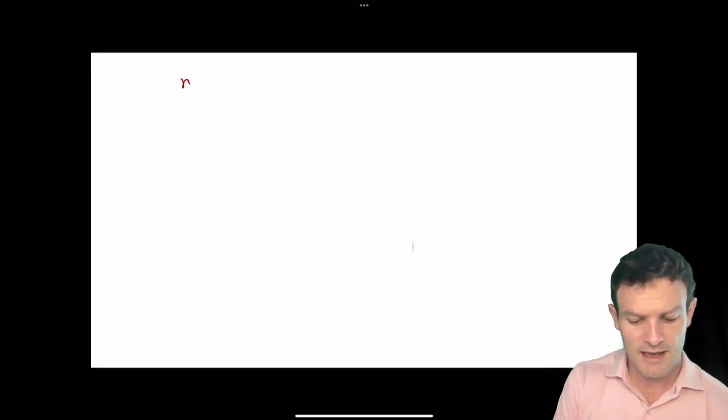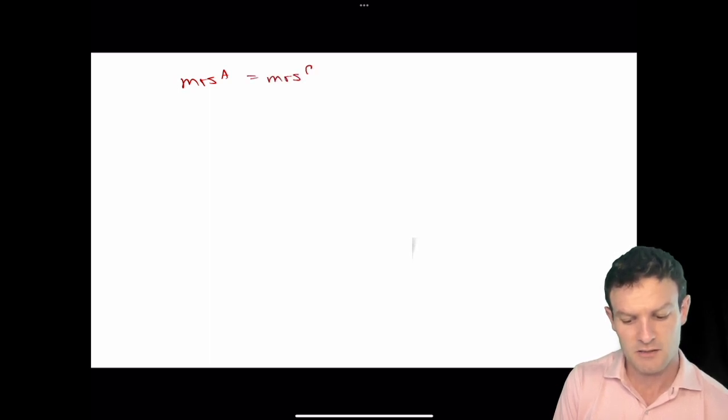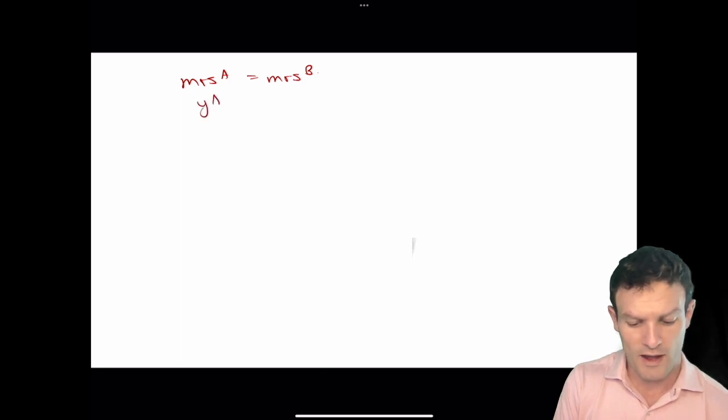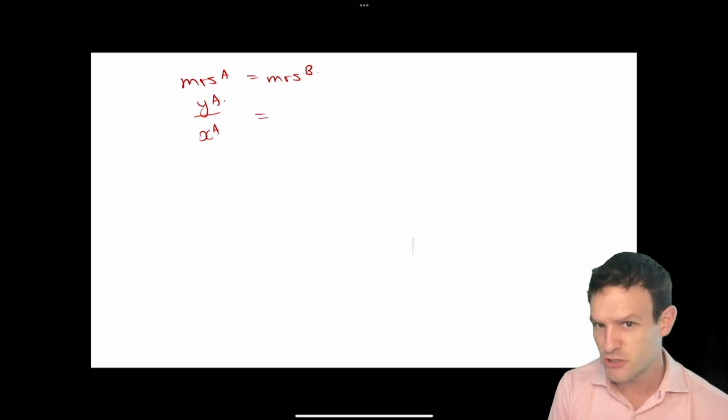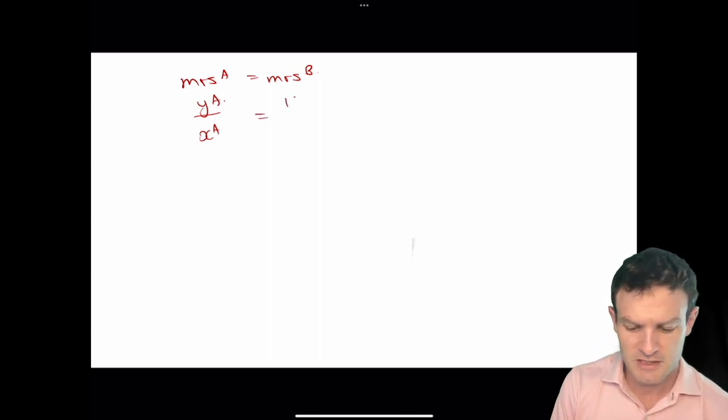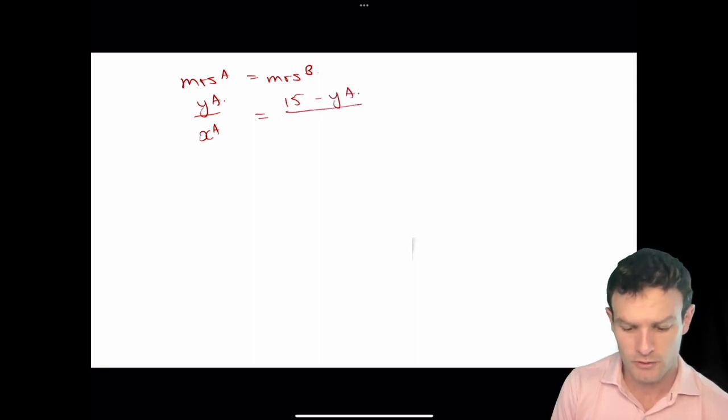So we need MRSA equal MRSB. Now what was that for A? For A it was YA over XA. What was it for B? It was, with our substitution, 15 minus YA all over 10 minus XA.